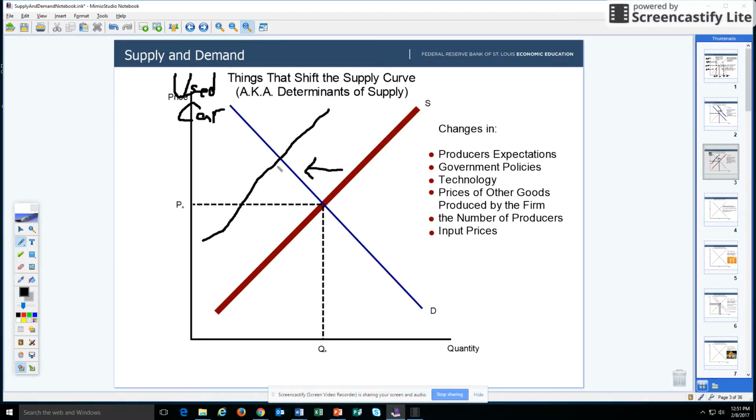There's a decrease in our supply. If you notice, if they destroy some of the used cars, what happens to our new equilibrium point? Compared to our old equilibrium point, there is an increase in price. There's a decrease in quantity.